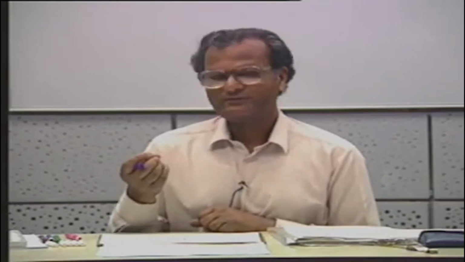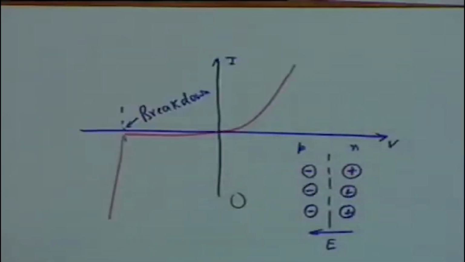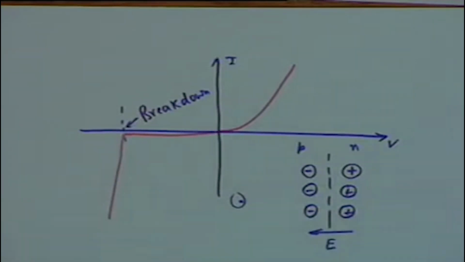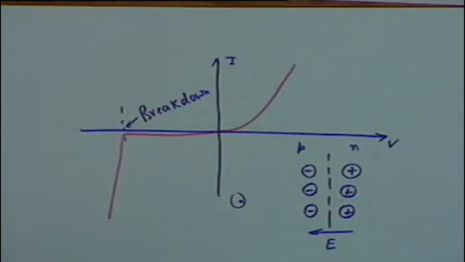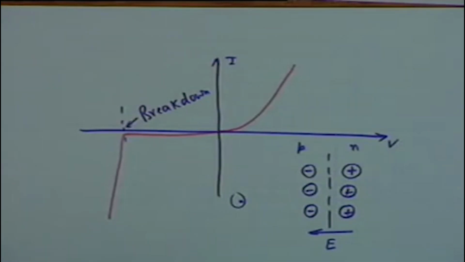Now, if this electric field is so large that it can attract an electron from a covalent bond, you know, there is a silicon atom far removed from the junction, but if the field is so large that it can attract one of the electrons of this covalent bond, that is, if it can cause a rupture of the covalent bond and set electrons free, then as soon as an electron is set free, a hole also is generated.